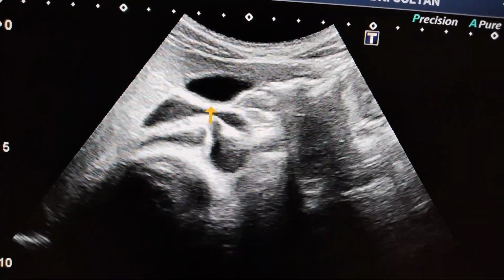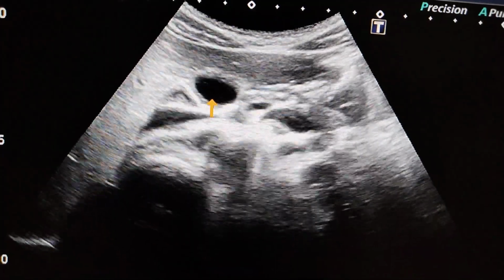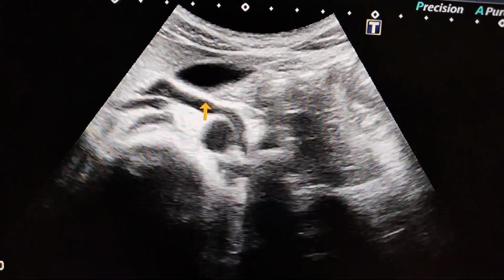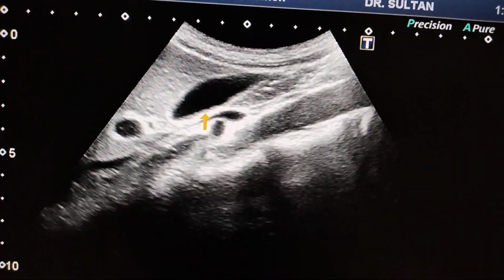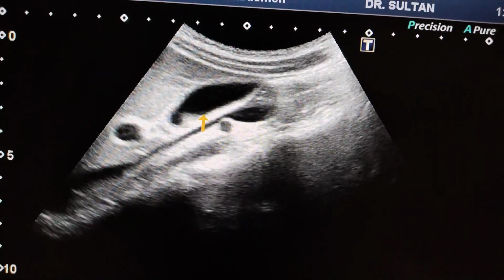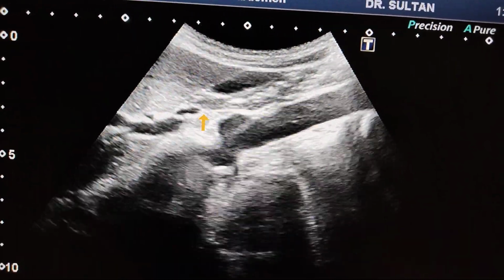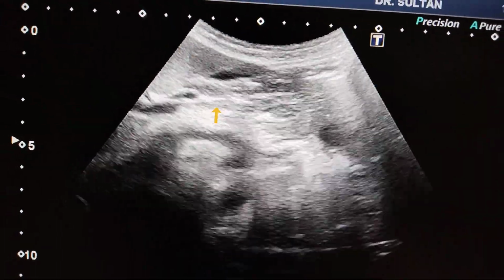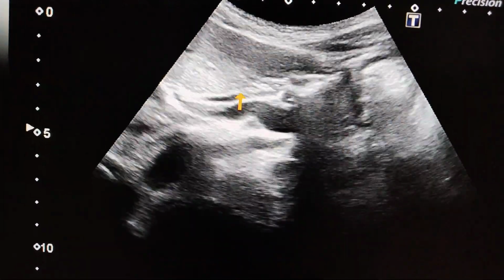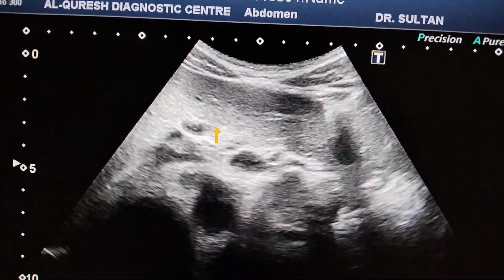Look here, it will appear like this. This gallbladder normal length is 5 to 10 centimeter, and if it is more than 10, then it is distended.